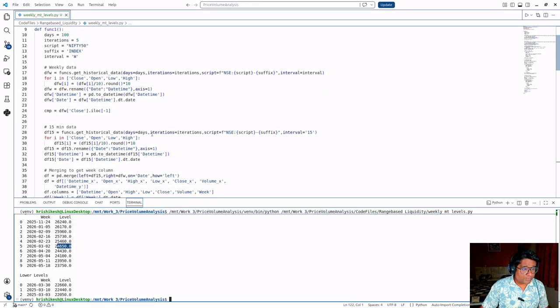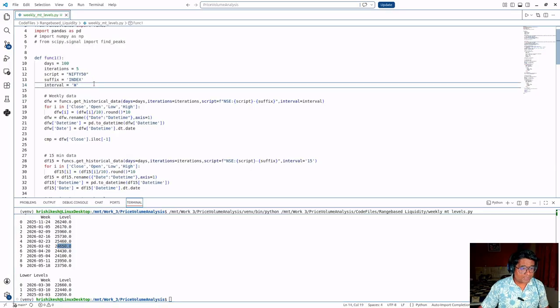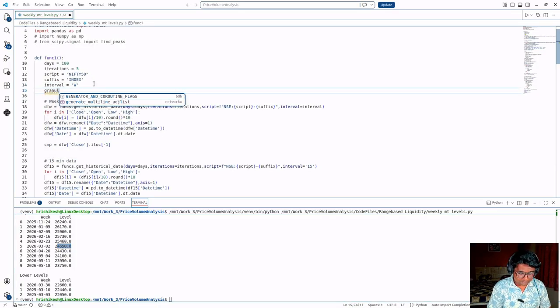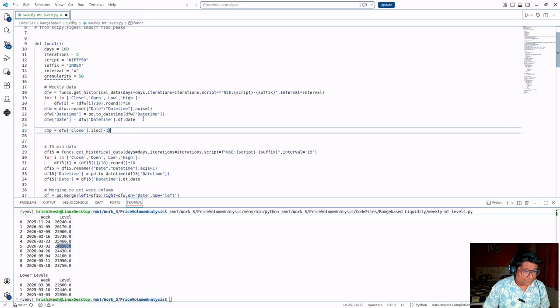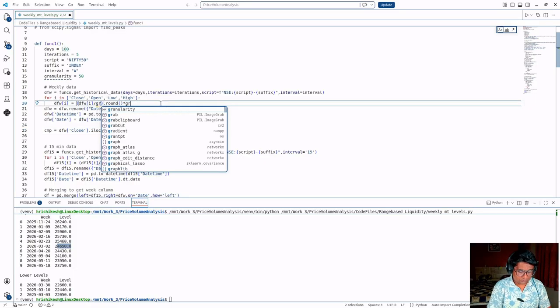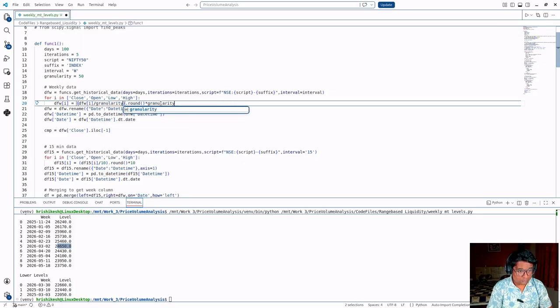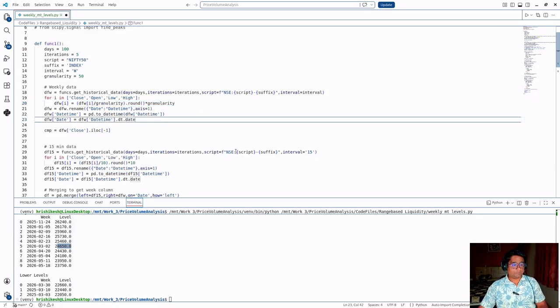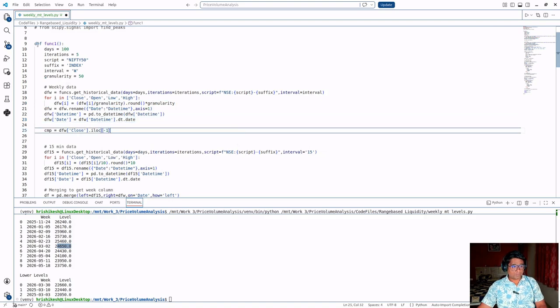Yes, we need to add the parameter of granularity. Granularity 50, and yes, right here, Control D. Okay, let's see.